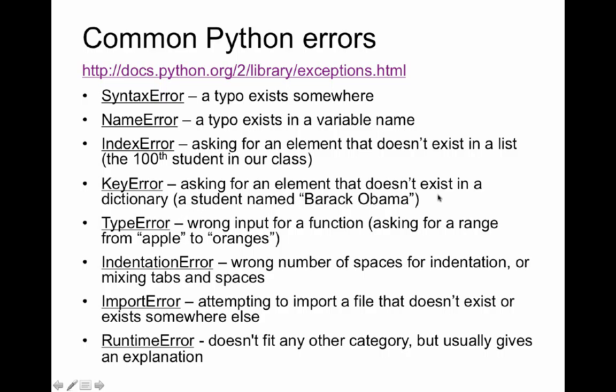He probably doesn't exist in our class. There's errors involving functions where they expect either a number or a letter or a name, and you give it something it's not expecting. So if you want the range between apples and oranges, Python's not going to know what that means. It's only looking for a range from 0 to 5 or 0 to 6, not apples to oranges.